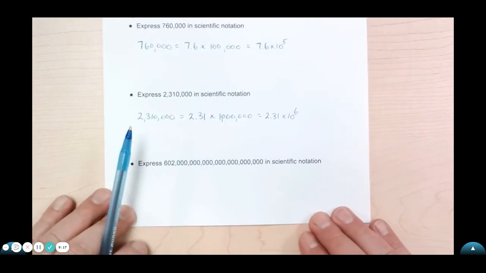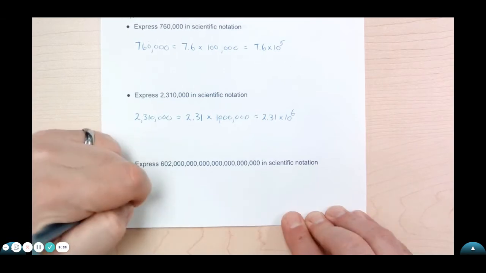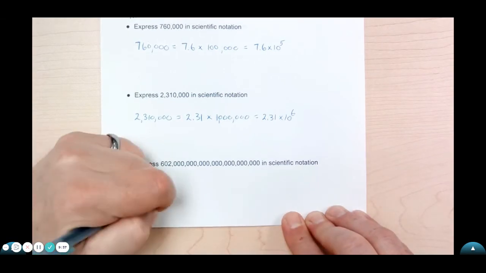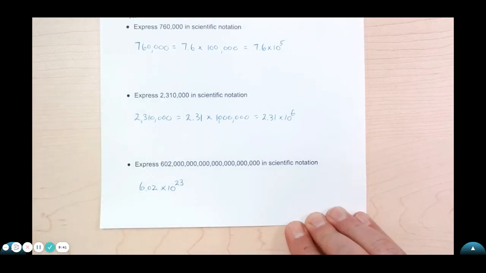So let's use the shortcut here because I really don't feel like doing the thing in the middle. So how many times would I have to move the decimal to get to a number between 1 and 10? So 3 times, 6 times, 9 times, 12, 15, 18, 21, 22, 23. 6.02 times 10 to the 23rd power.